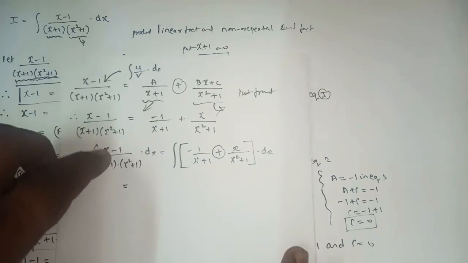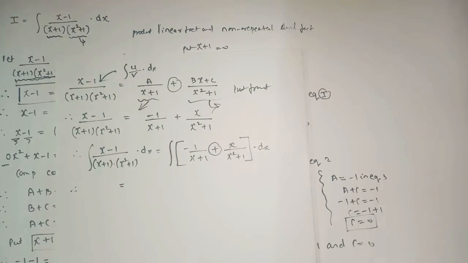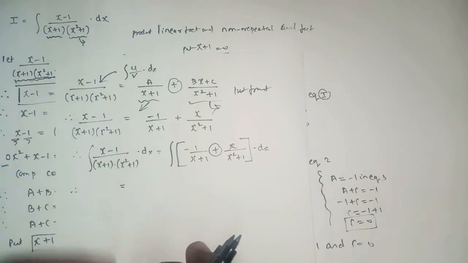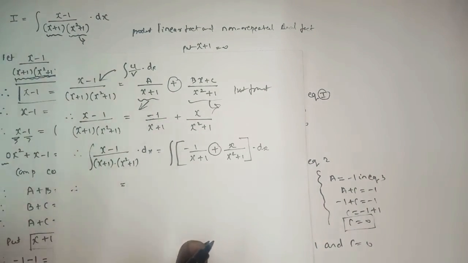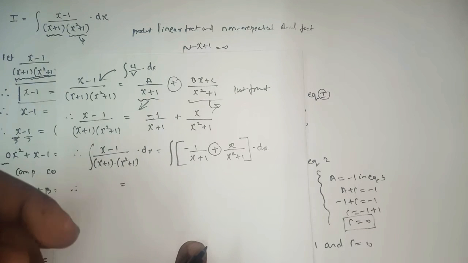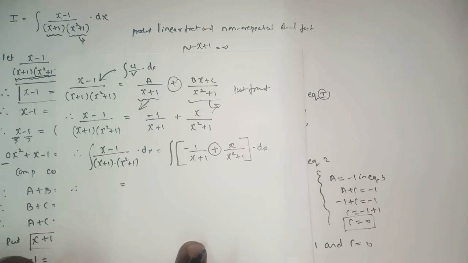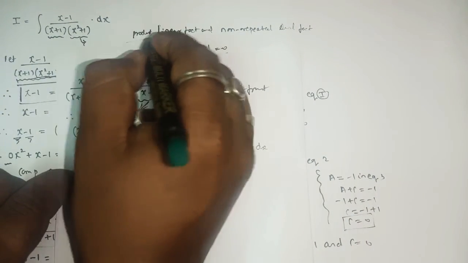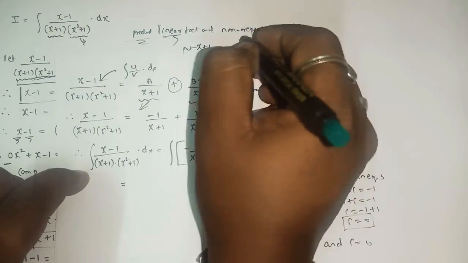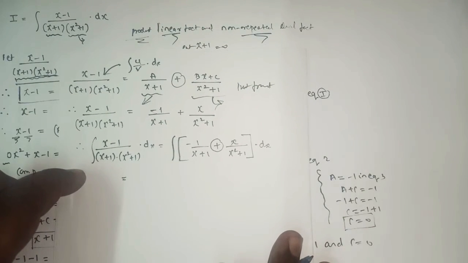For partial fractions, there are three different types of sums. In the first type, we saw when the denominator is expressed as non-repeated linear factors. In type number 2, you saw the denominator expressed as repeated linear factors. Here we saw when the denominator is the product of a linear factor and a non-repeated quadratic factor.